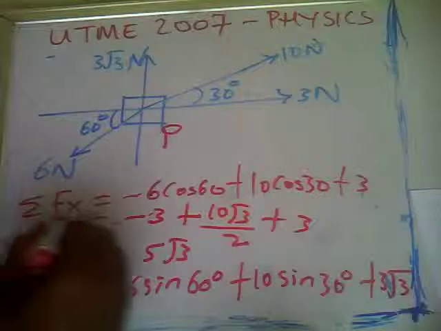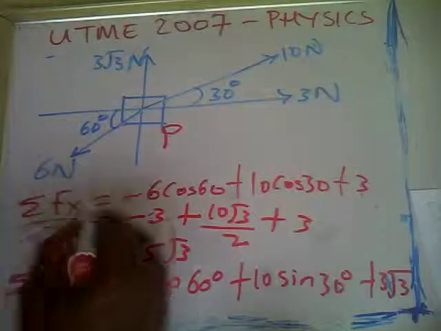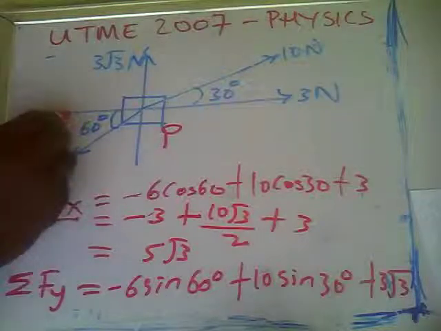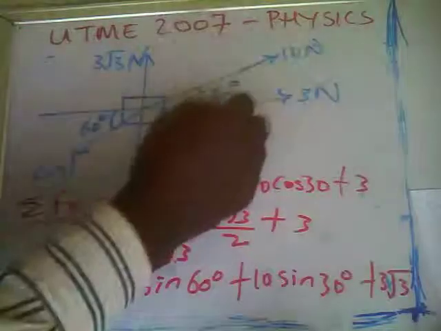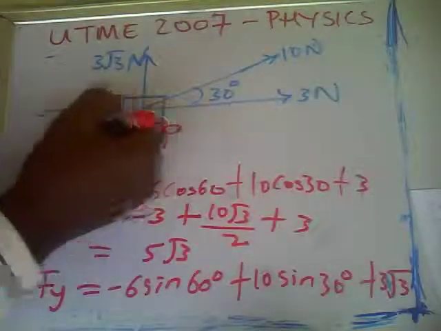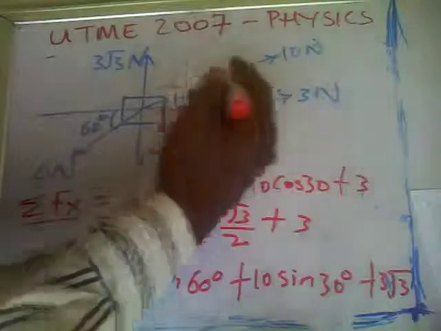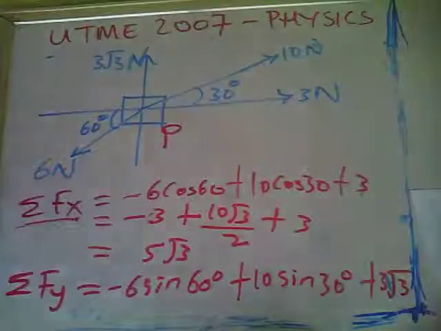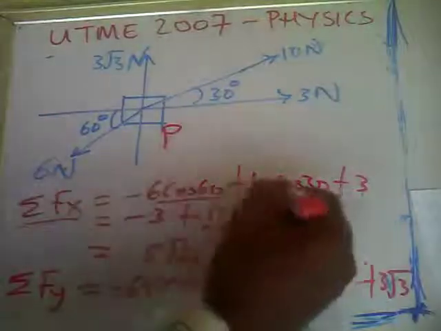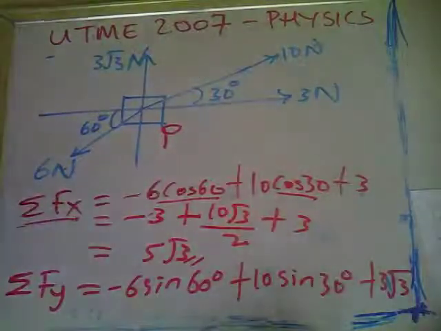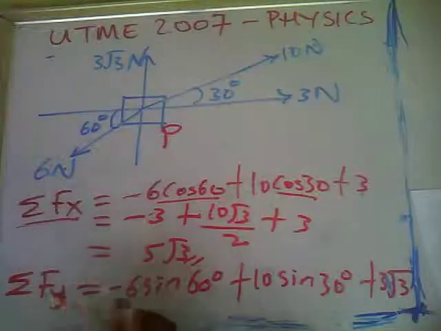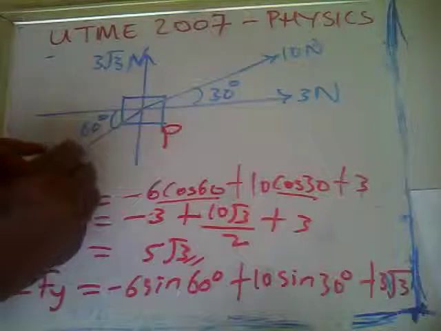We find the total horizontal component, which is minus 6 cos 60, then plus 10 cos 30 plus 3. Minus in the sense that this is in the negative x-axis, this is in the positive x-axis. So we have 5 root 3. We must use cos when we are resolving along a chosen direction. Then for the y-axis, the vertical component, we resolve this same force again along the vertical.